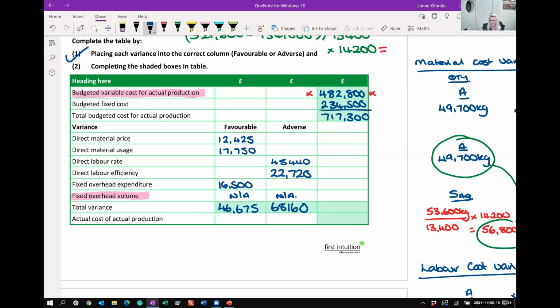So we can clearly see that adverse is higher than the favourable. So the total must be adverse. So you're going to take off favourable from adverse, offset them against each other. So we have a total variance of 21,485.